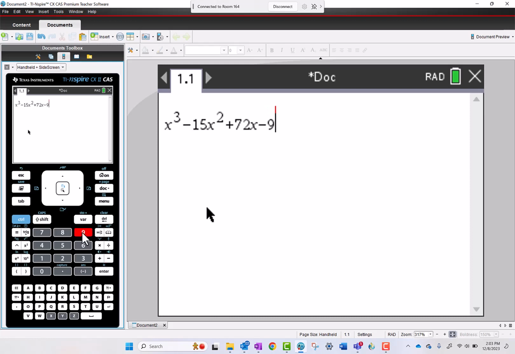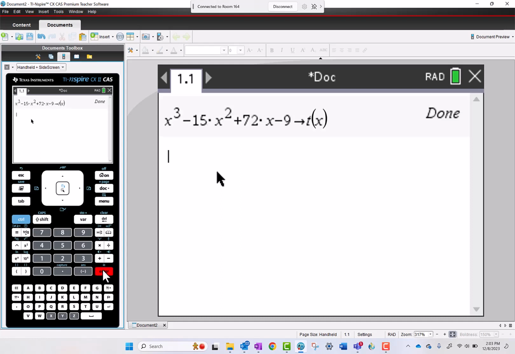Okay, now I don't want to store this as x. That's really not a good idea. I want to store it as something else. So pick a letter for me. What do we want to store it as? T. Sounds great. Let's store it as t. So I'm storing it as t of x. I made the mistake to just try to store it as t, and the calculator does not like that. You have to put it in function notation. Okay, there we go. It's there.